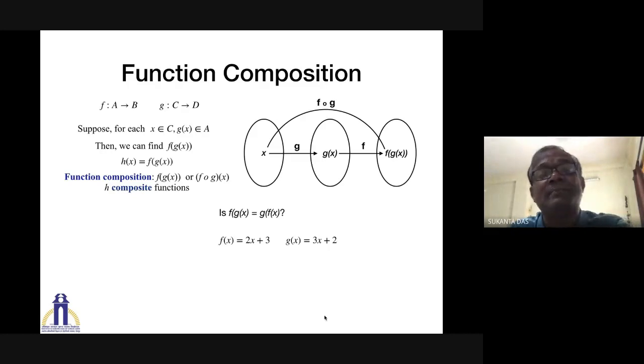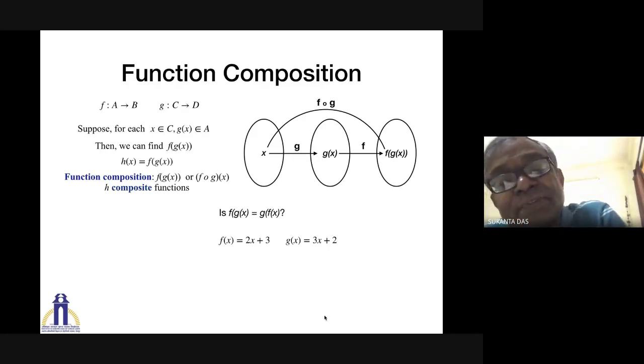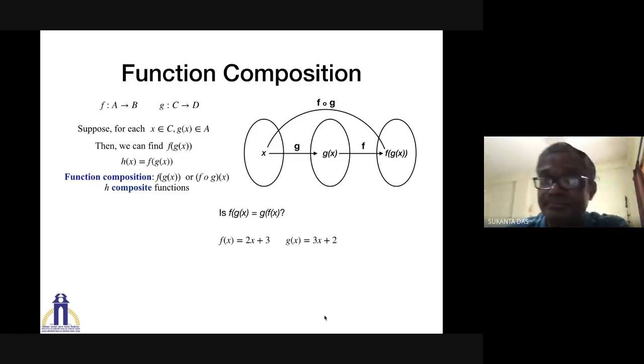Well, take an example. Suppose f(x) equals 2x plus 3 and g(x) equals 3x plus 2, and consider both are defined on the set of naturals. So consider x is a natural number.